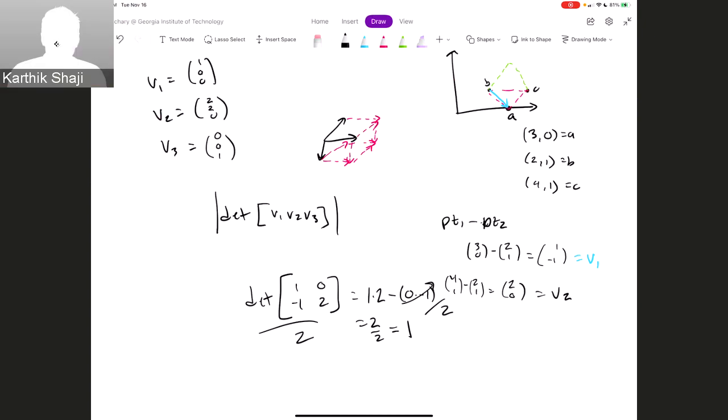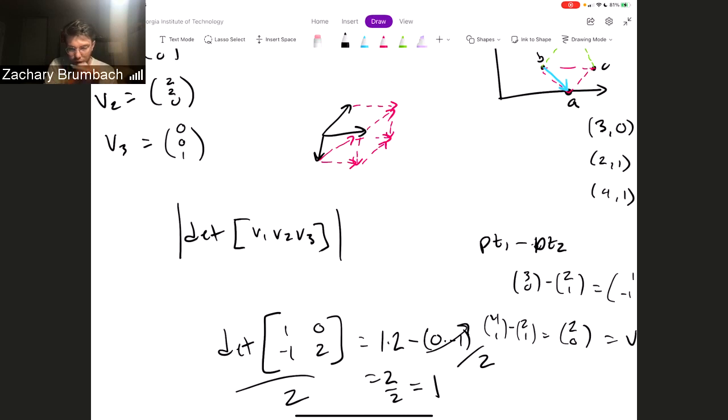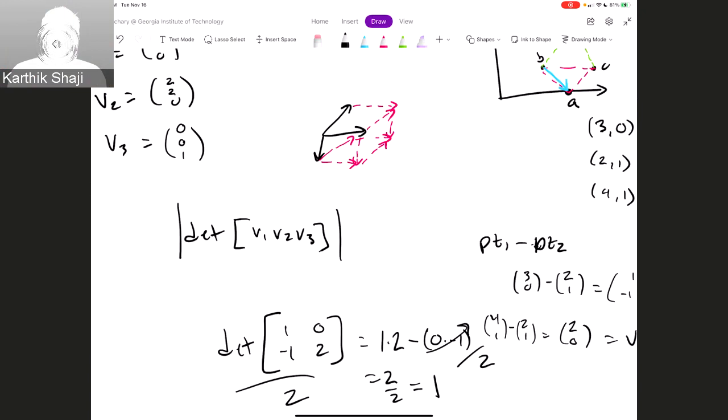Wait, not 3? Well, if it cut it in half, but from the pyramid you're talking about, let's say it was given those three vectors. Find the volume of the pyramid. Let me think. I believe it'd be divided by 3, but that seems a little outside of anything that you guys have been doing, so I wouldn't worry about that one too much.